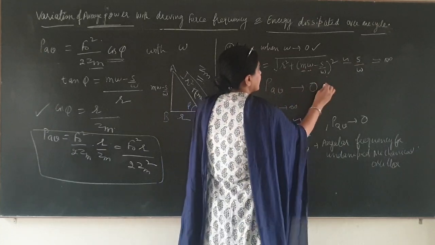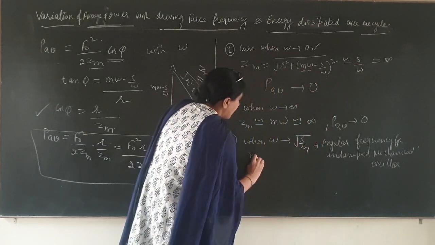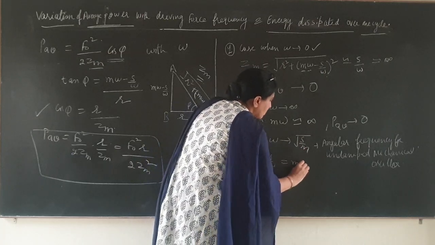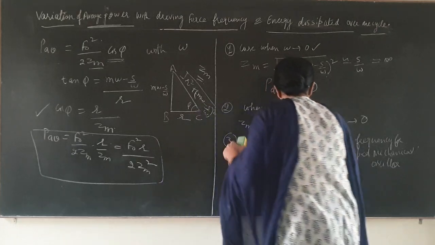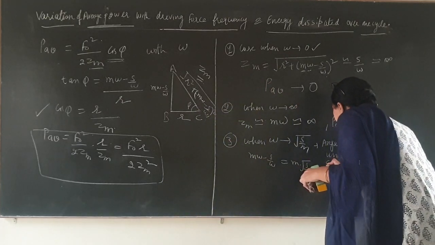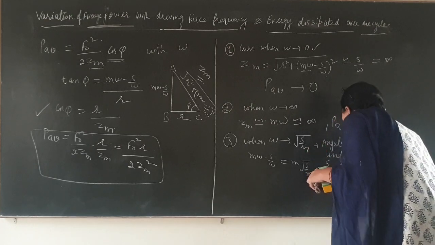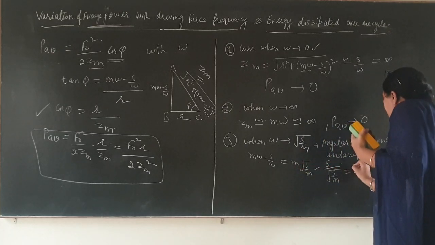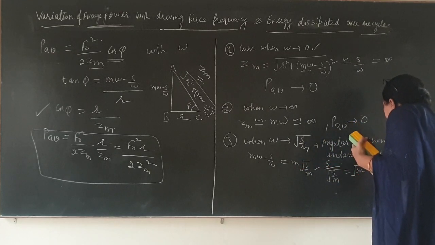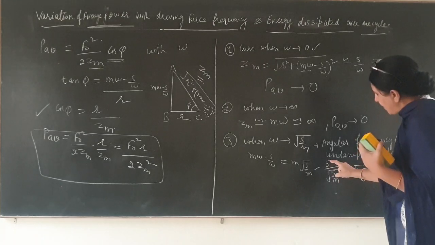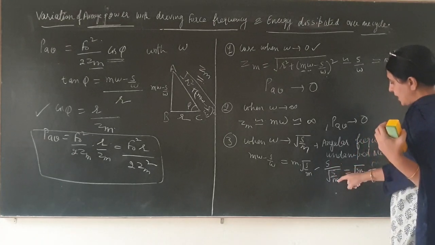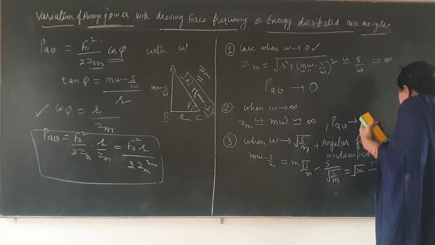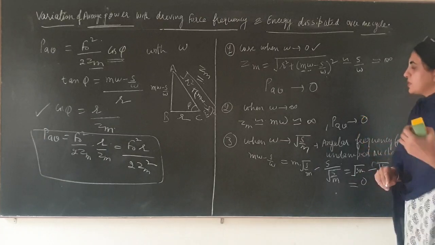So in m omega minus s over omega, when you put omega equal to under root s over m, it becomes under root sm minus under root sm, and this is equal to 0.